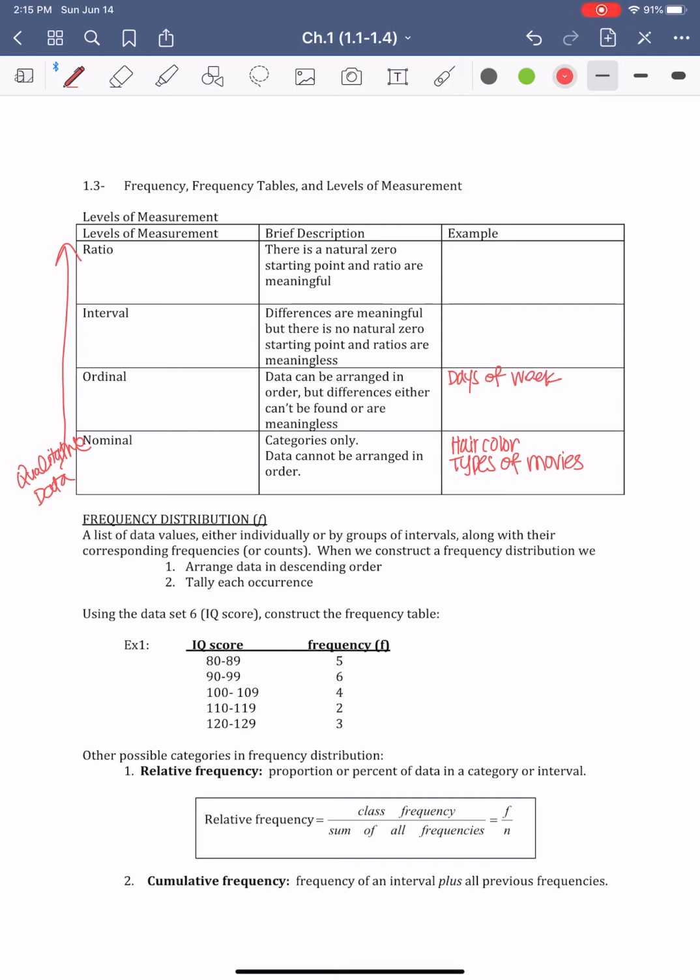Another one, colors of the rainbow. There's a certain order that you see in the colors of the rainbow.